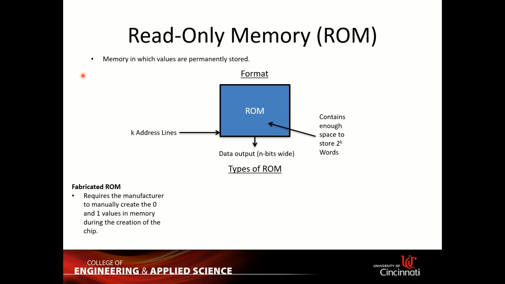Another way, which is very economical, is called Programmable Read-Only Memory, or PROM. The PROM unit contains all of the fuses intact. Every PROM unit is manufactured the same, and then they give it to the programmer.